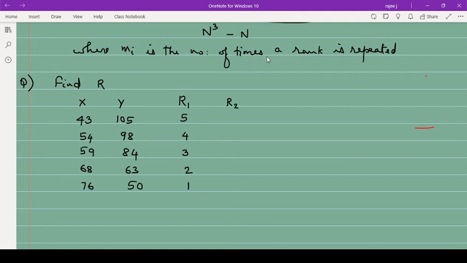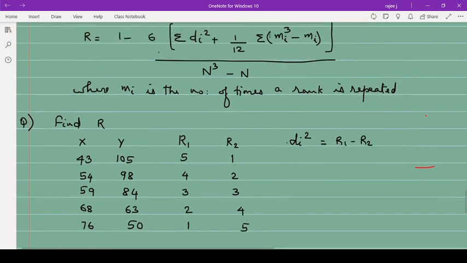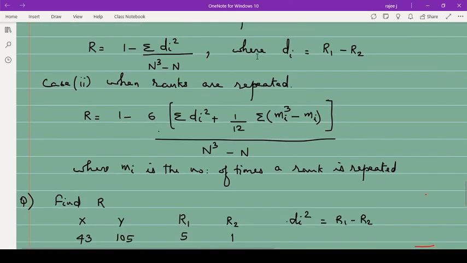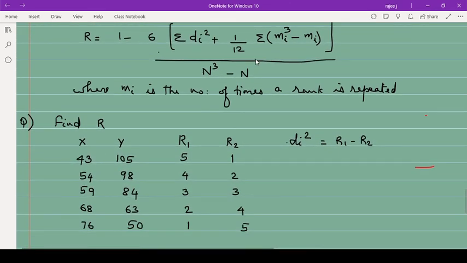So R2, now see the highest value is this one, 105. So I'll write 1. Then comes 98, 2. Then 84, 3, 4 and 5. Okay, R1, R2 we got. Then we have di square. We have written di is R1 minus R2, so di square will be R1 minus R2 whole square.